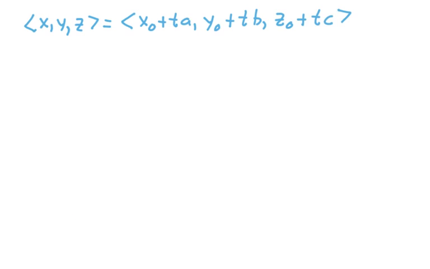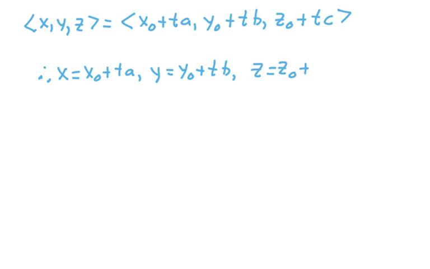Now, two vectors are the same if their corresponding components are equal. That says x equals x naught plus ta, y equals y naught plus tb, and z equals z naught plus tc, where t is a real number.